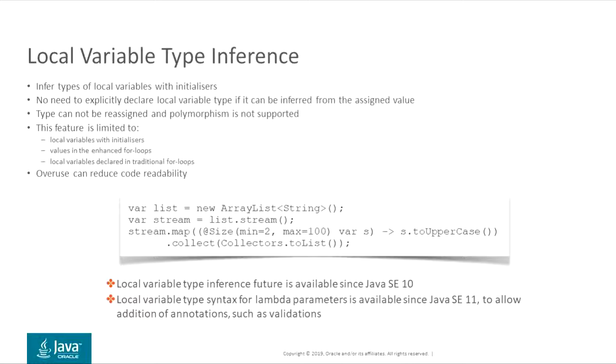But if you just put the parameter name without its type, then you can't use any annotations or additional keywords in lambdas. For example, you cannot declare the variable as final, or use a not null annotation, something like that. But if you put the word var, then you can.